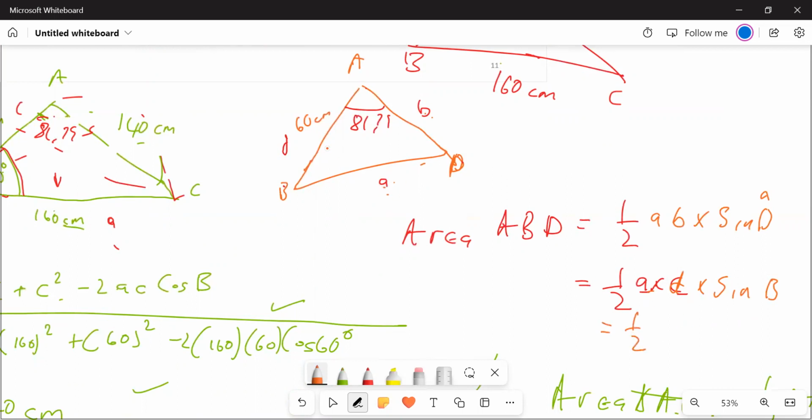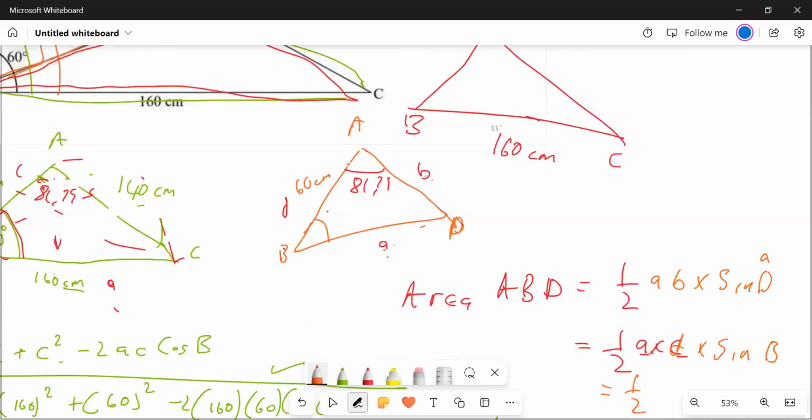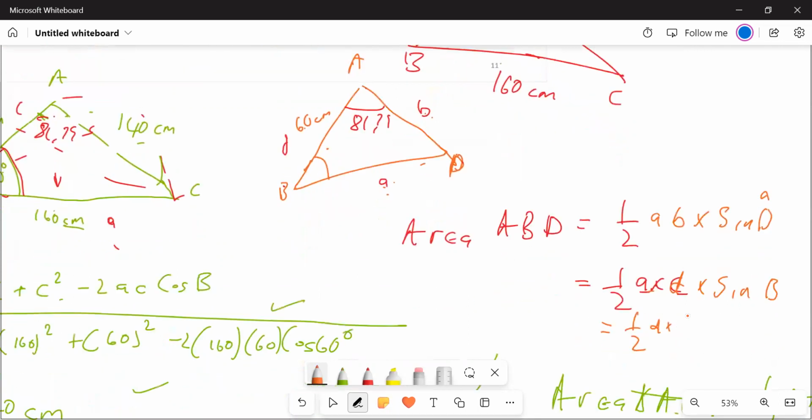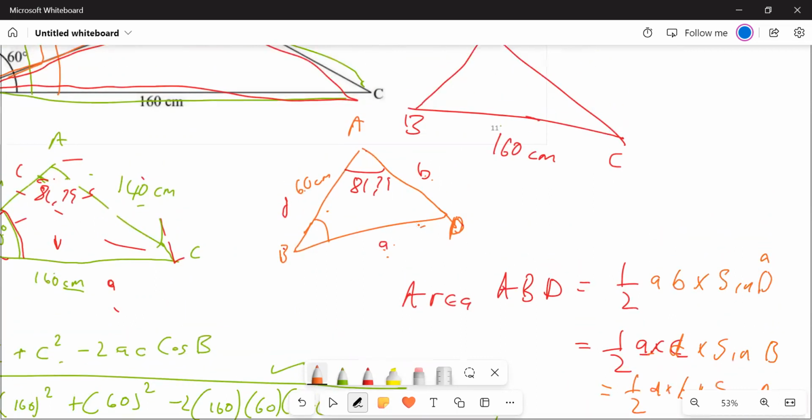If I use D and B, I can use D multiplied by B, multiplied by the sine of A.